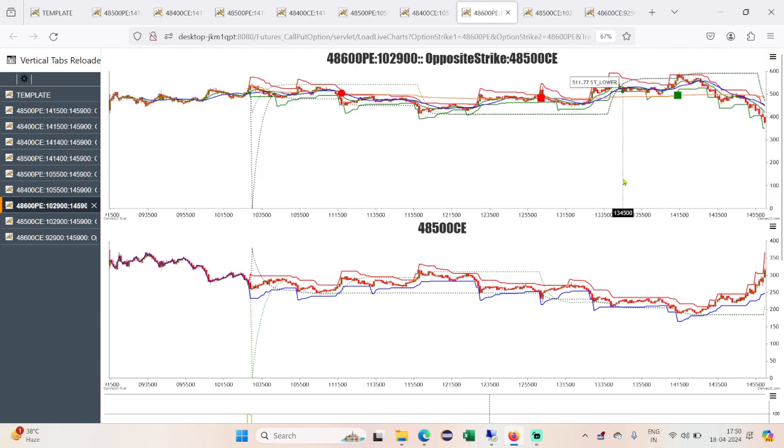Well and good. So one entry says that you need to buy the call option, and the other entry says come out of the call option and buy this put option and grab 50 points profit.